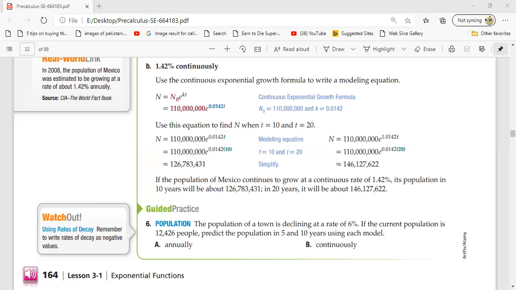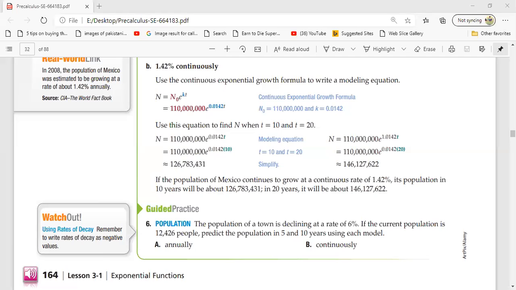So you will get 1 minus 0.06, that is 0.94. So this is 12,426 times 0.94 raised to power 5.